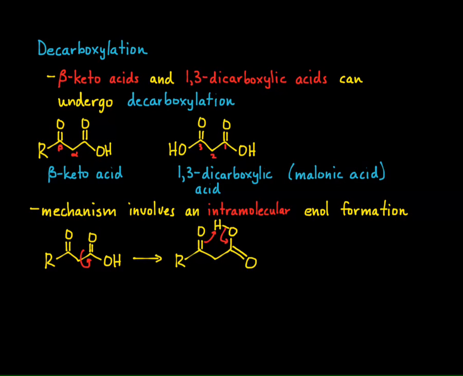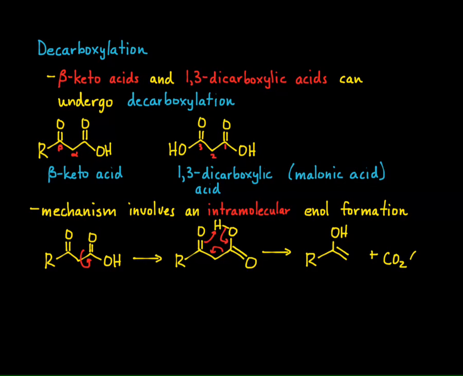When it does that, the electrons from that OH bond swing in to form a pi bond with the carbon. Now, instead of having the carbonyl pi bond, the electrons from that swing up into the oxygen, and we have the carbon-carbon sigma bond breaking and forming a pi bond between that alpha carbon and the beta carbon.